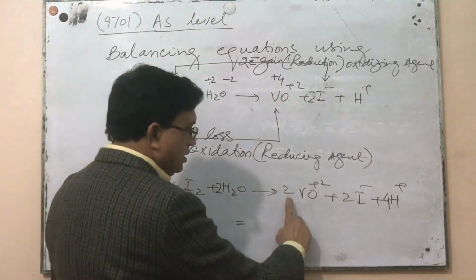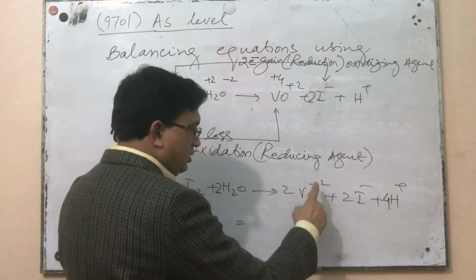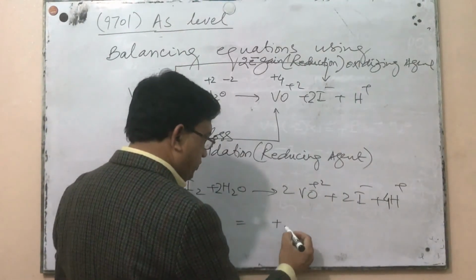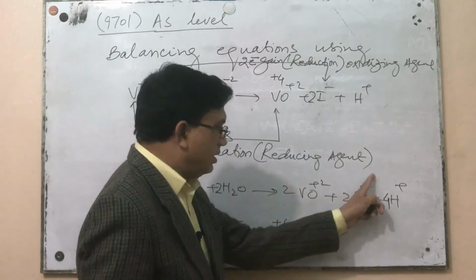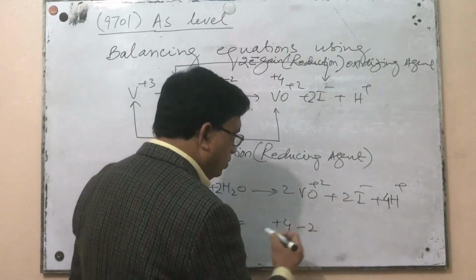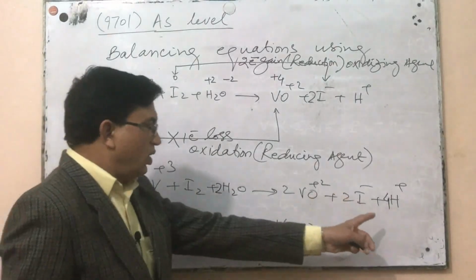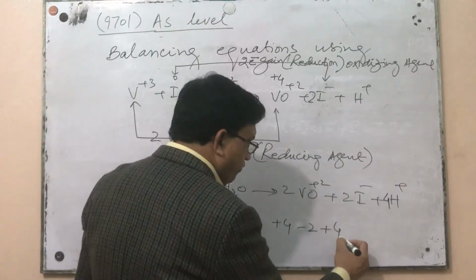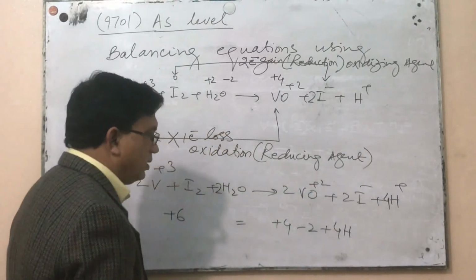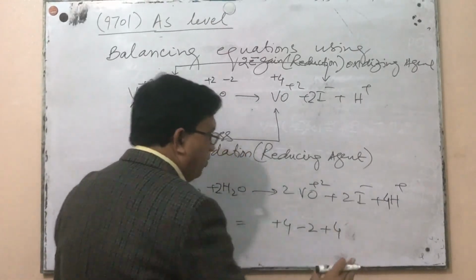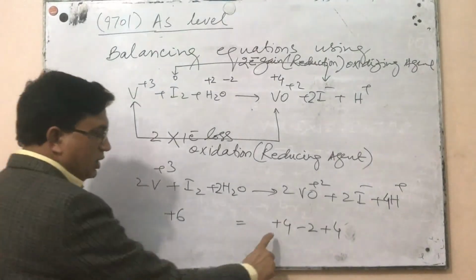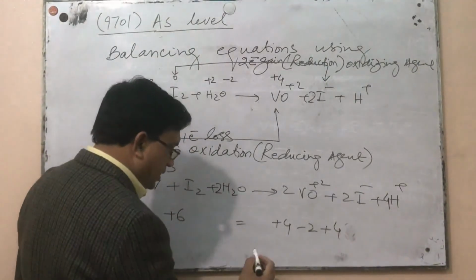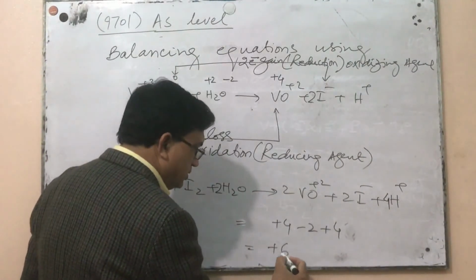Here is positive 4, then minus 2, and then again positive 4. What will be the total answer of this? The answer will also be positive 6.